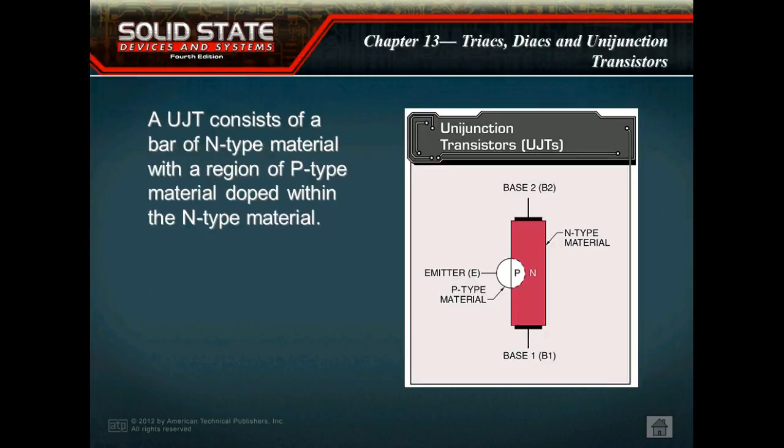Okay, so this is the UJT. It's a really strange animal. The way it's set up is it sets up two resistors. So here they are right here. And in the center of them we have a gate.